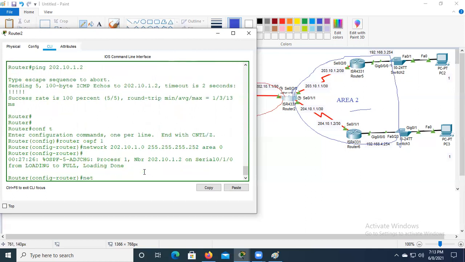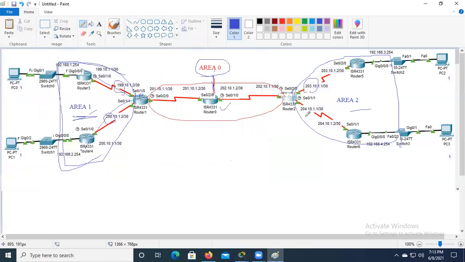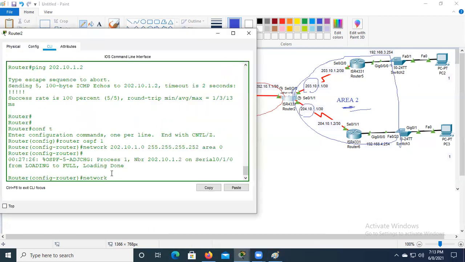Good. Now I am going for the network. The 203 network and the 204 network should be advertised in area 2. Network 203.10.1.0 0.0.0.3 area 2.